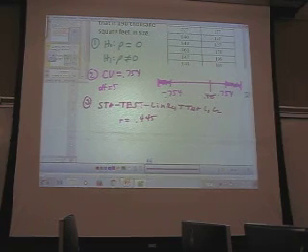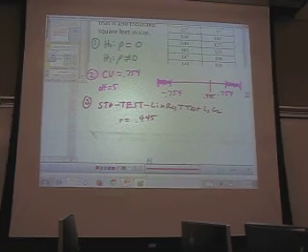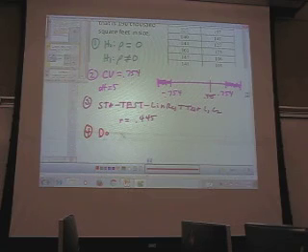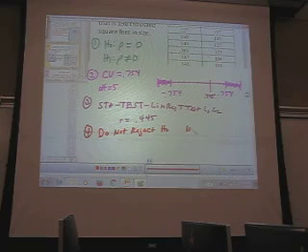So step 4. What's up with step 4, guys? Do not reject H naught. So is it a line? No. Not a line.